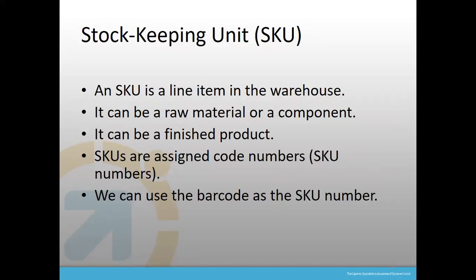A stock keeping unit, this is a vocabulary that we need to know. A stock keeping unit, or an SKU, we call it an SKU, is a line item in the warehouse. A line item in the warehouse does not mean it's a piece we have in the warehouse, but it's one line in our stock report.